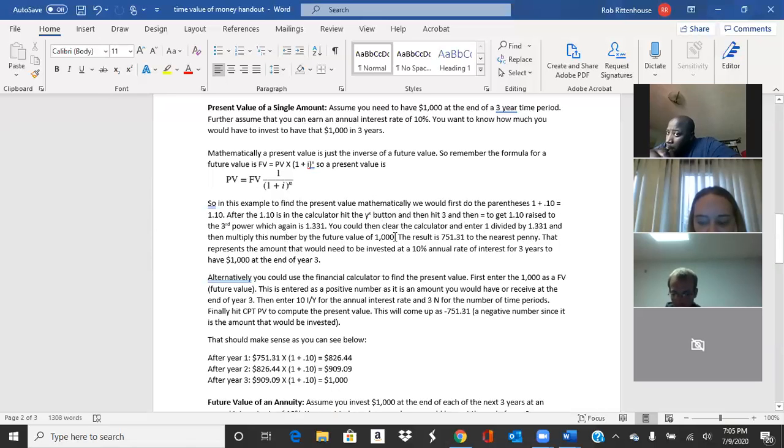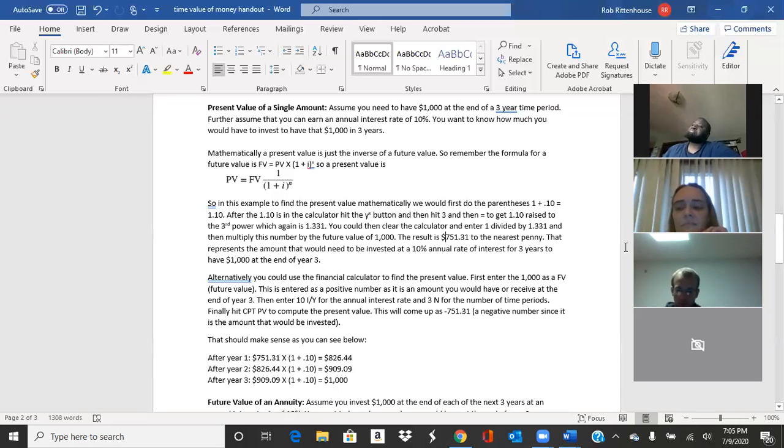Remember, the thousand is a future value now, because in this case the $1,000 comes at the end of the 3 years. The result is $751.31 to the nearest penny. That represents the amount that would need to be invested at a 10% annual rate for 3 years to have $1,000 at the end of the period.